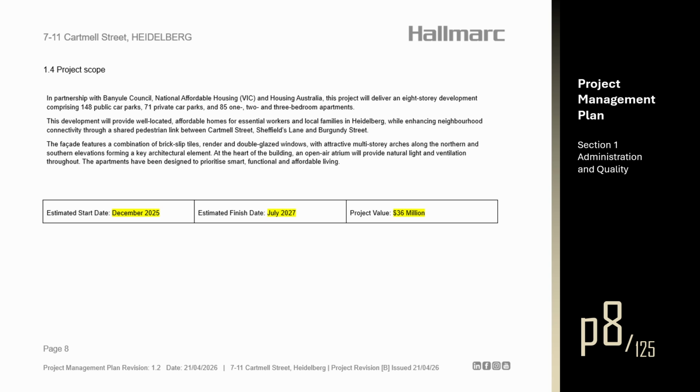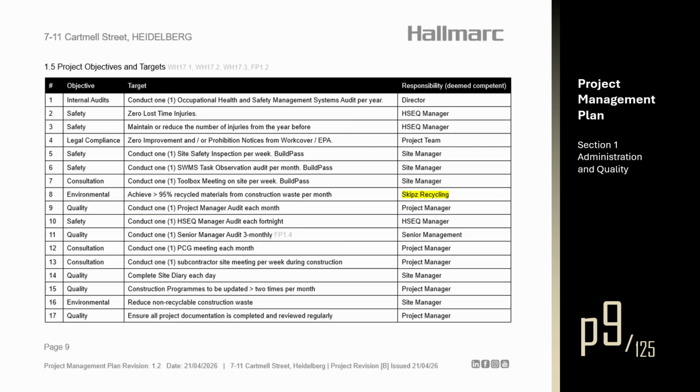Section 1.4. Project Scope. The scope on screen is an example only. The project manager, when completing the project management plan, should provide a brief but nonetheless clear summary of the project. This would typically include the size, purpose, cost, program, client, and unique traits of the project. Section 1.5.